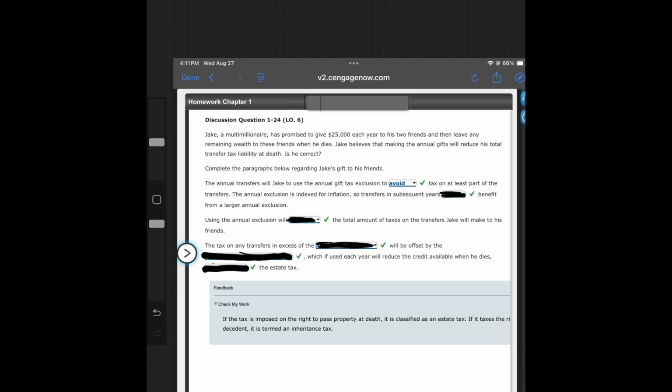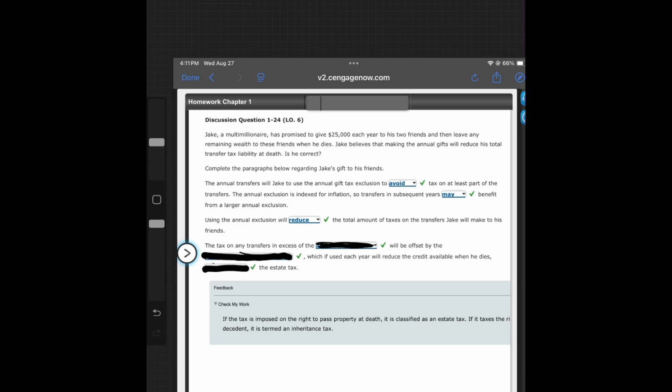The annual exclusion is indexed for inflation, so transfers in subsequent years may benefit from a larger annual exclusion. Using the annual exclusion will reduce the total amount of taxes on the transfers Jake will make to his friends.